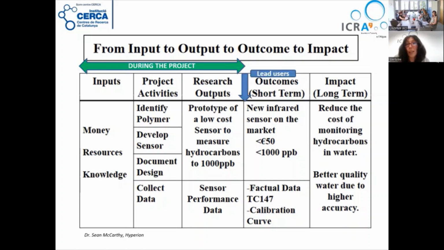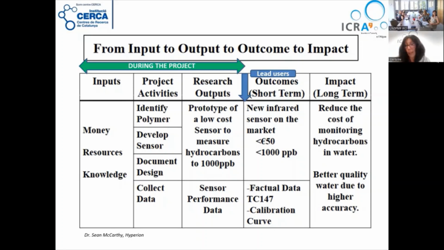Because there are lead users that intervene. Lead users basically are the ones that should process the research outputs, the results you have at the end of your proposal, of your project, and produce the short-term impact.